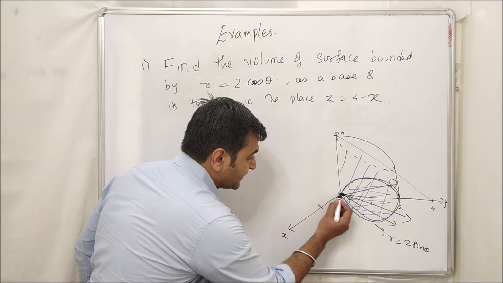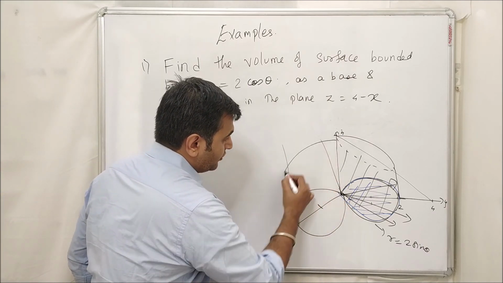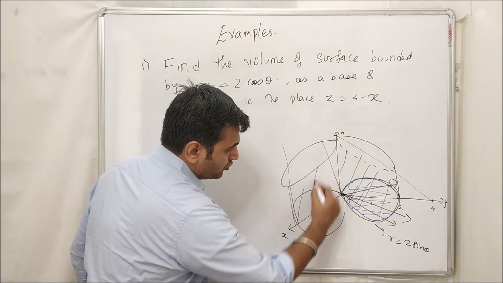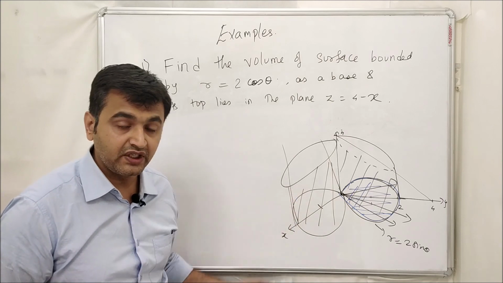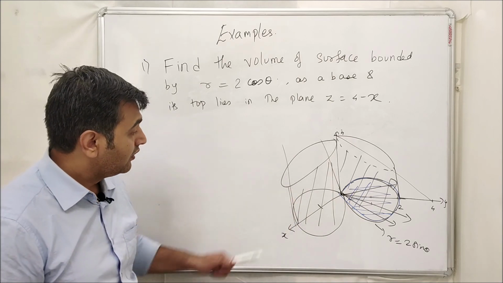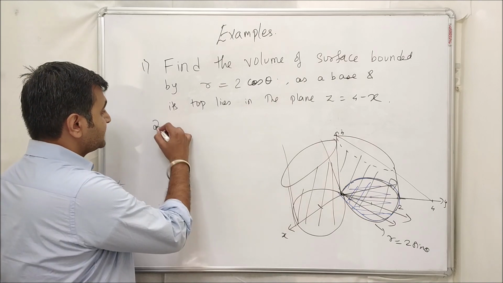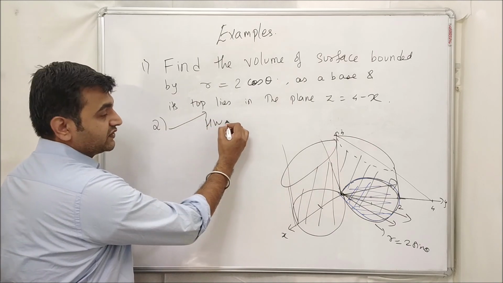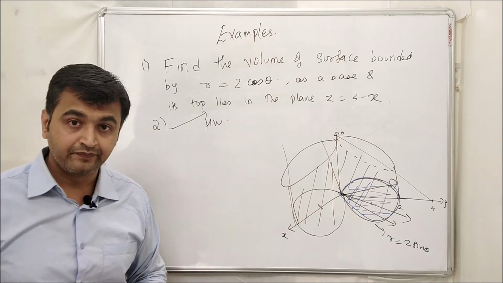You try to draw this and you will have something cut over here. So you will get this as the volume. I mean, this is the region surface you get whose volume you need to find. Okay, so try to tell me the answer for this question. So this is your second homework question. The first one is the answer for the previous one. The second is the answer for this one.